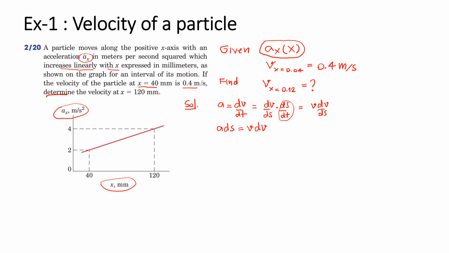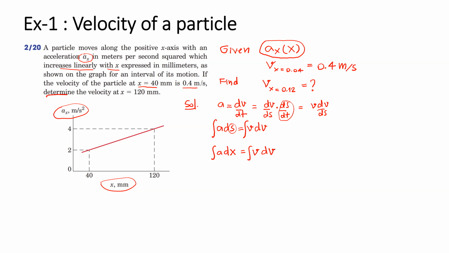And then we integrate both sides of the equation, integral a ds. But we know that the displacement we are talking about is in the x direction, in one dimension, so we can replace the displacement by the distance in the x direction. And velocity is also in the x direction.